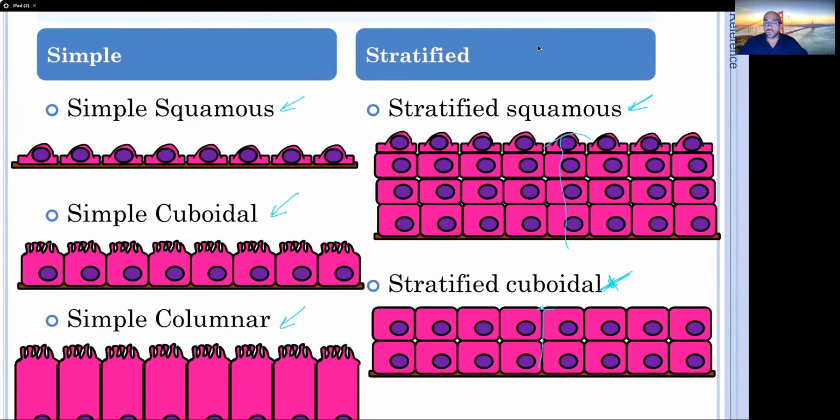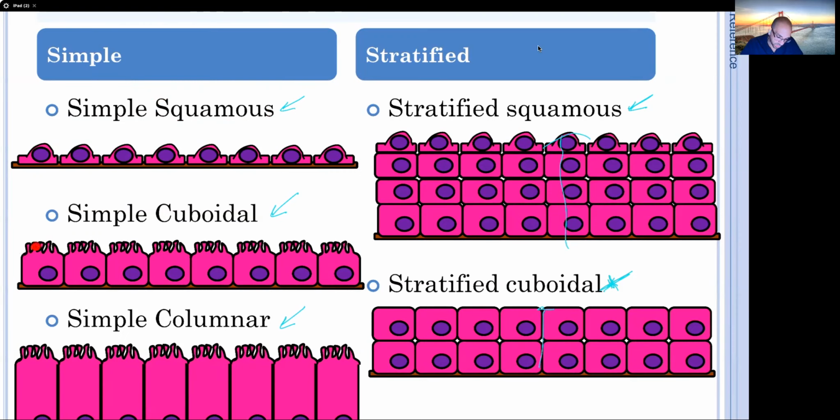Another factor that we're using to identify the epithelium that forms the coverings and linings of the organs is going to be according to the shape of the apical cells. If I have flat cells, those cells are going to be squamous, and the tissue is going to be classified as squamous epithelium.